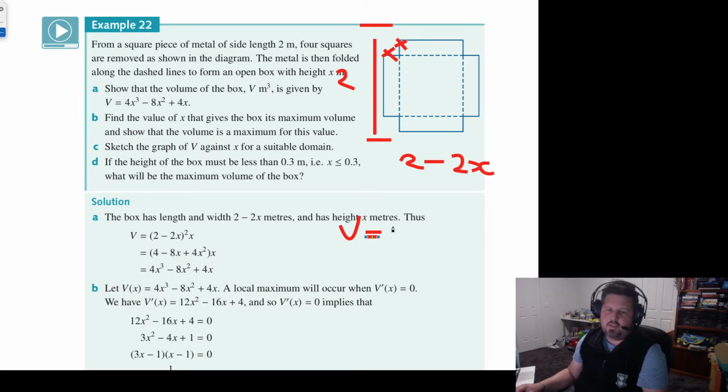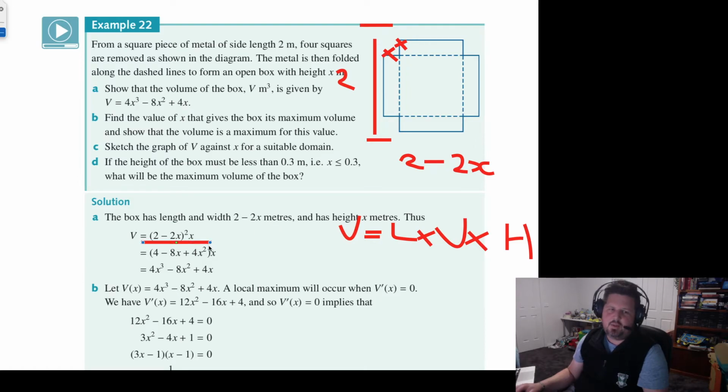Volume is obviously the length times the width, that's a W, times the height. So we've got the length was 2 take away 2x, the width was 2 take away 2x, so that times that is going to be it squared, multiplied by the height, which is obviously x there.